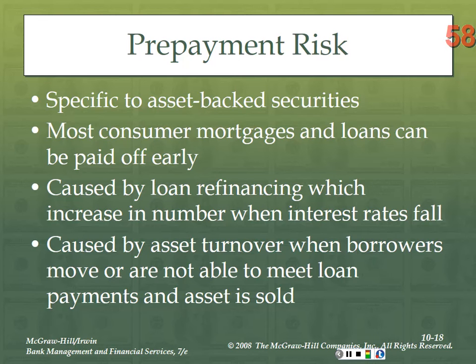Now, what this means, when we're talking about prepayment risk, is we talked about, when you listen to the recording of chapter 7 in your textbook, it's going to talk about something called interest-only strips and principal-only strips, or IO strips and PO strips.